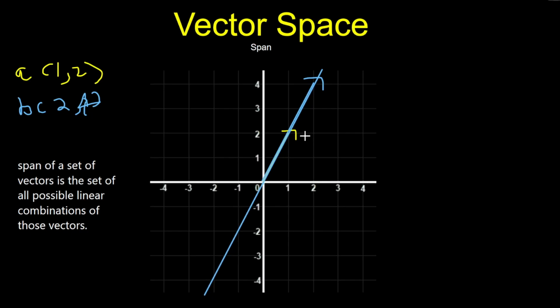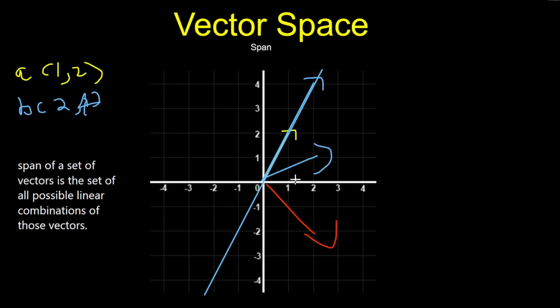So we cannot move to other parts of the graph to represent a particular vector, a vector like this, because we can only move along this line. But in the previous case, we were able to move around by scaling them and adding them together.